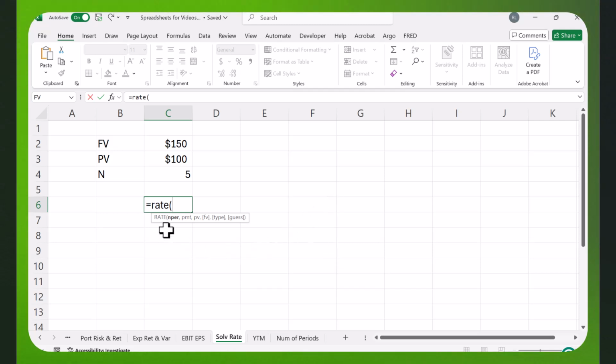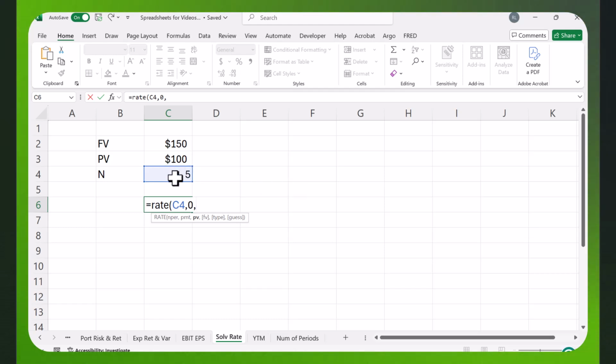Now you can't see it very well on your computer screen, but it asks for NPER. It's boldfaced. So the number of periods is 5. And then you separate these with a comma. It asks for PMT. We don't have a PMT, so I'm going to put in a 0. You could alternatively just put comma, comma, so there's nothing in between the commas. It'll treat it as 0.